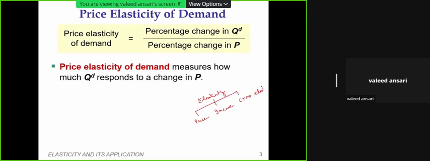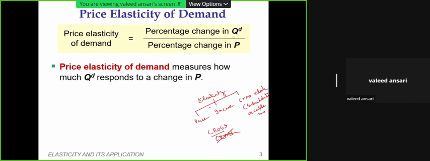Cross elasticity means the change in demand caused by a change in the price of substitutes or complements. This word is cross, C-R-O-S-S. This is not the other word, which carries a different meaning. So, cross elasticity.